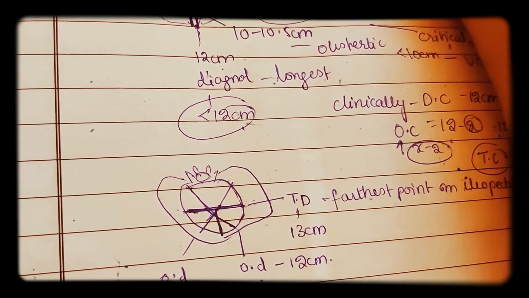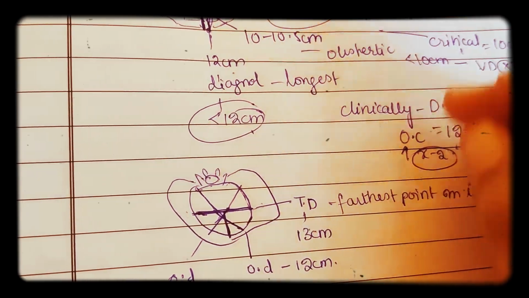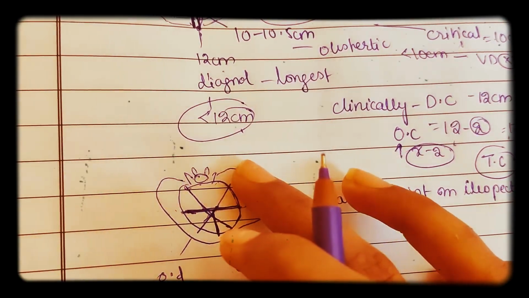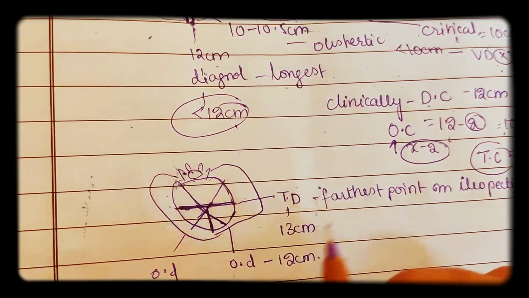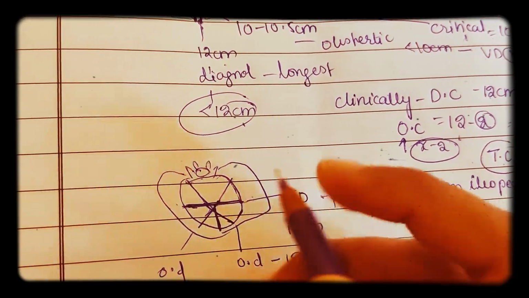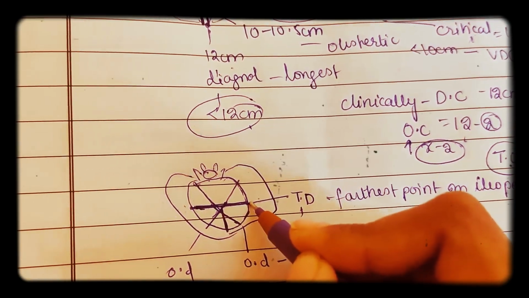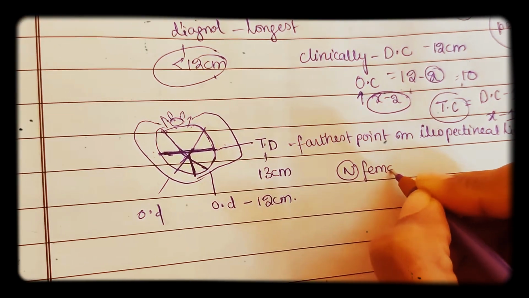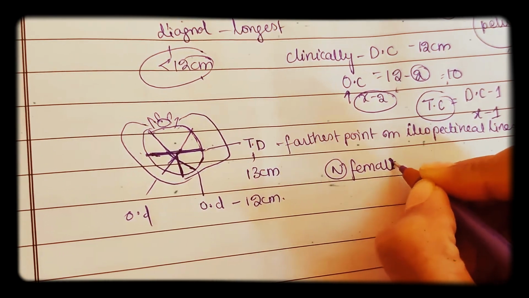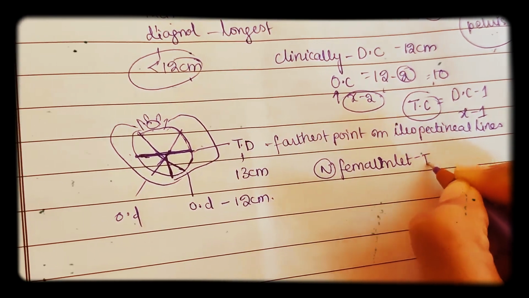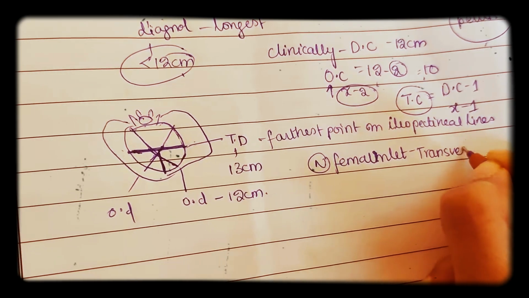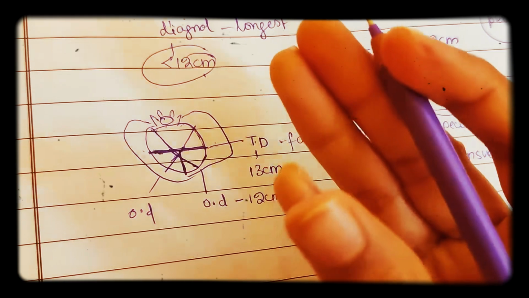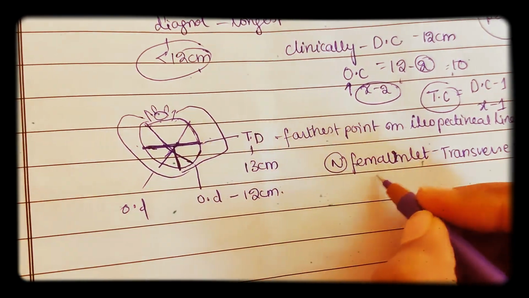As we said, the right oblique diameter starts from the right sacroiliac joint, and the left starts from the left sacroiliac joint. The shape of the pelvic inlet in a normal female is oval, specifically a transverse oval. Very important: the normal female pelvic inlet is a transverse oval, that is, the transverse diameter is greater than the anterior posterior diameter.